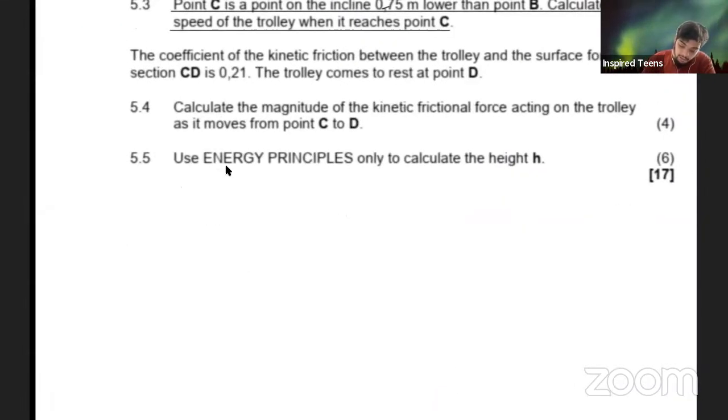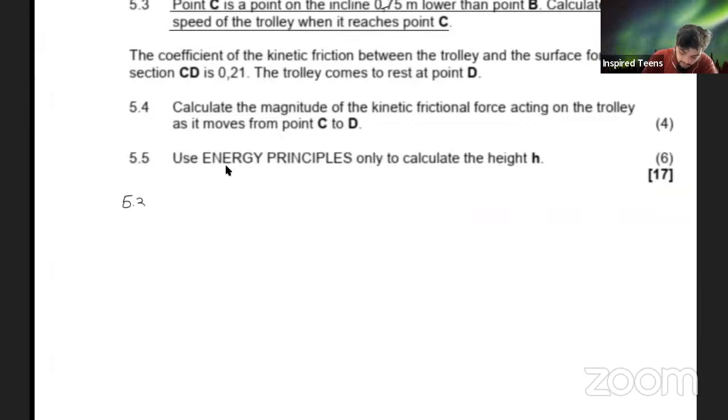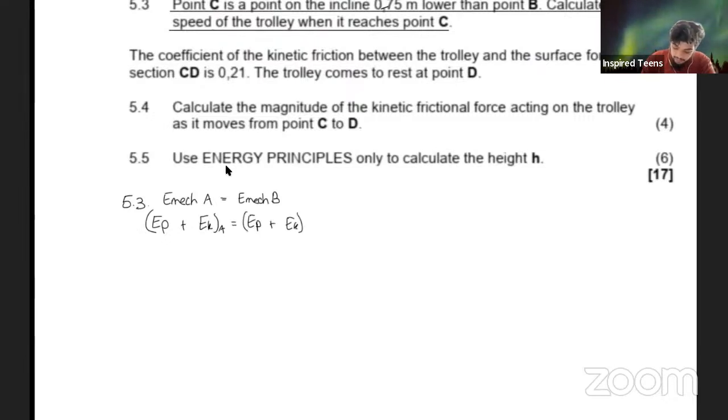Okay, so 5.3, and we're going to further analyze this, right? 5.3, conservation of mechanical energy says that the mechanical energy at A is equal to the mechanical energy at B, and then we can separate it, right? The potential energy at A plus the kinetic energy at A is equal to the potential energy plus the kinetic energy at B. Let's further break this down into the formula.